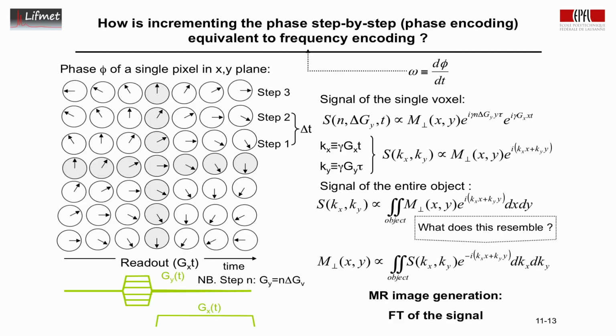Or, to obtain the MR image, we have to do the Fourier transformation of the signal. Remember, this is the signal we record. This is with the variable transformation. We have a Fourier representation. To get the magnetization from this, we have to do the Fourier transformation of the signal here in k-space.